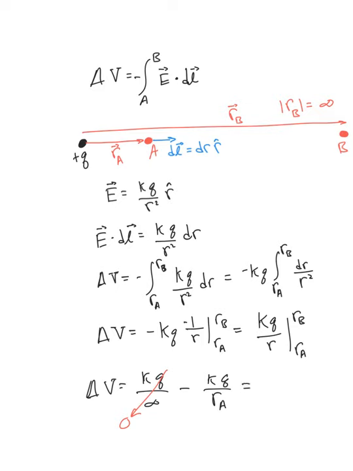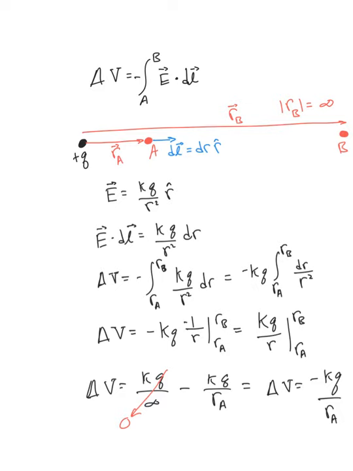So we can simply write this as the change in potential is negative kq divided by r sub A. Now, it makes sense that we would find a negative value because we moved with the electric field. So when we move with the electric field, we lose electric potential.